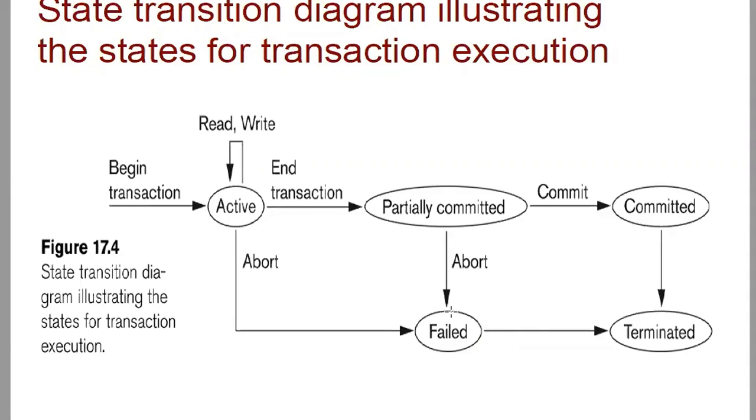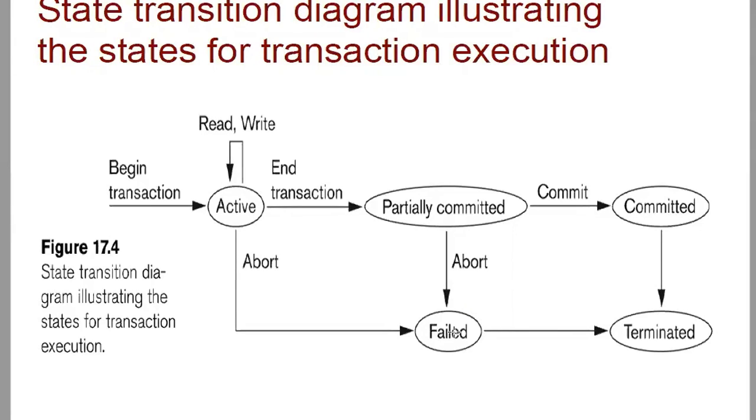One more point here. Before we use the commit command, it is already partially committed. Even after the partially committed stage, if for any reason, such as a system failure or the other reasons we discussed already, the transaction fails, that leads to aborting the transaction.